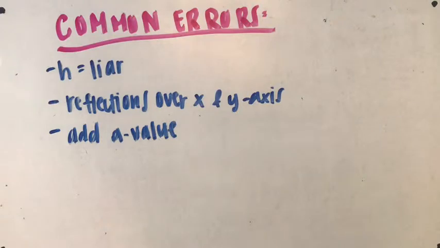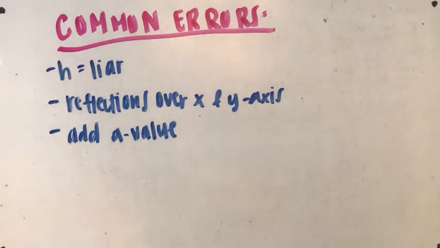Then the next one is knowing when the graph reflects over the x or the y-axis. So it reflects over the x-axis when the a value is negative. And it reflects over the y-axis when the x in the exponent is negative.